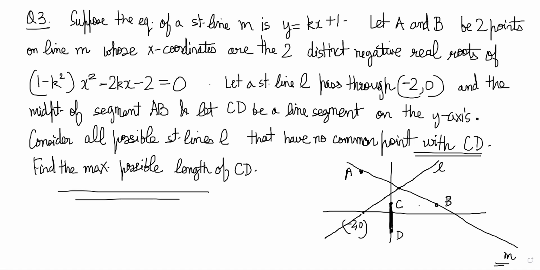Line M can change because A and B depend on the roots of this equation.